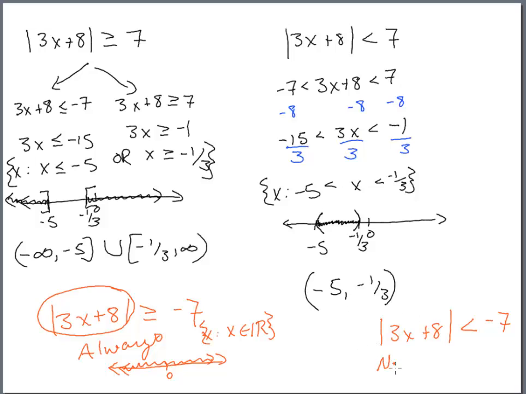So this is no solution. If it's asked in set notation like this, there is a way to write a set that has nothing, and it is a circle with a line through it. That is the way they write the empty set. And that's absolute value inequalities.